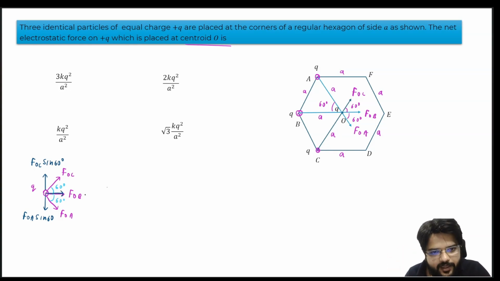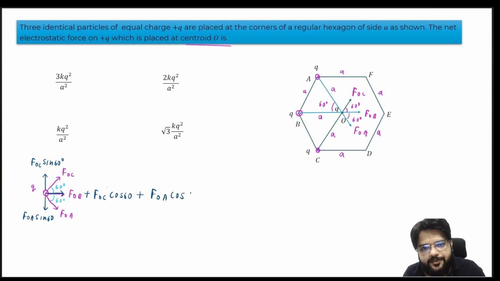All right, so what I can do here, I'm writing FOC cos 60 plus FOA cos 60.